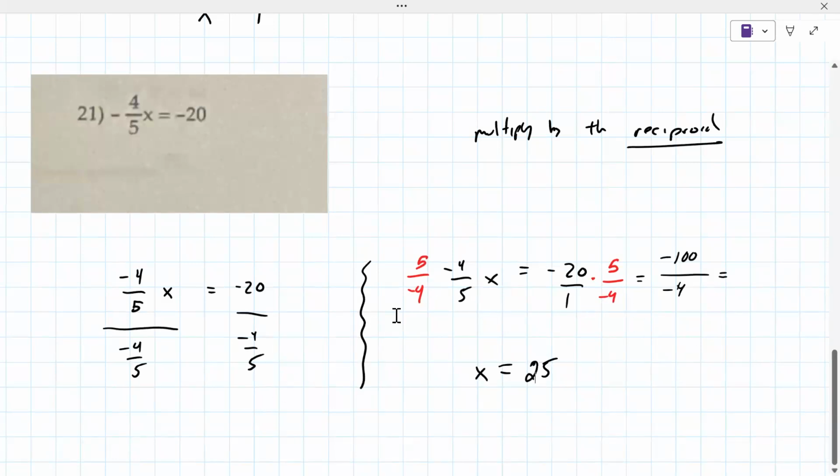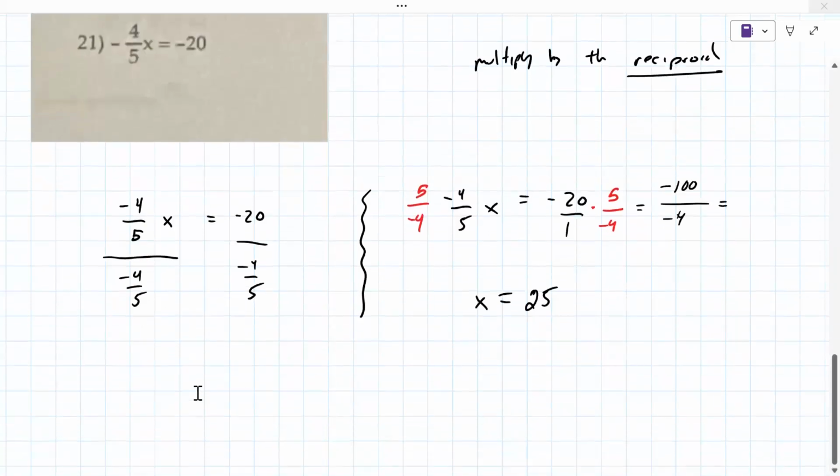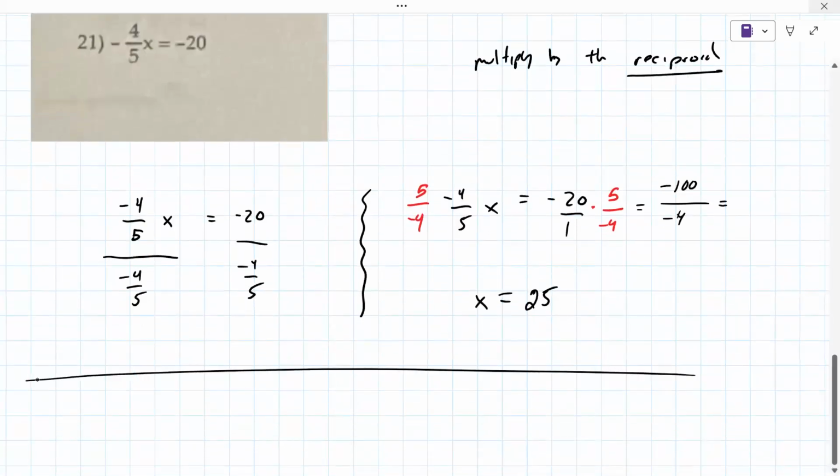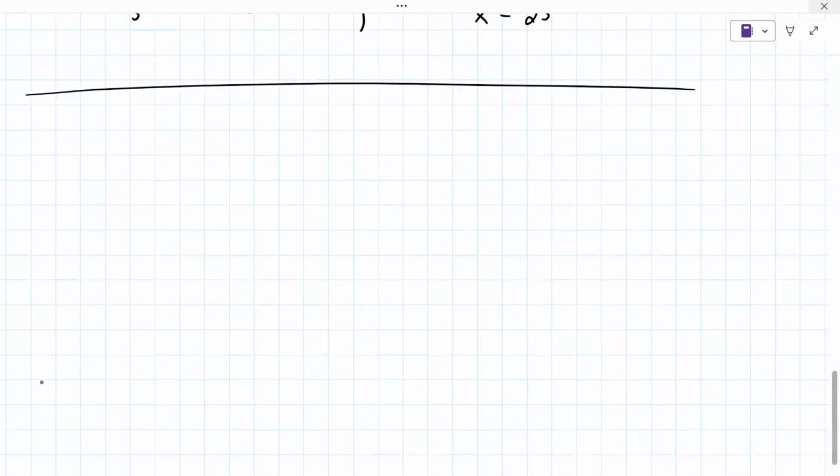Go ahead and get this down. I'll give you one like this to try. Okay. All right, so let's have you try this one. It's exactly the same steps, just different numbers.